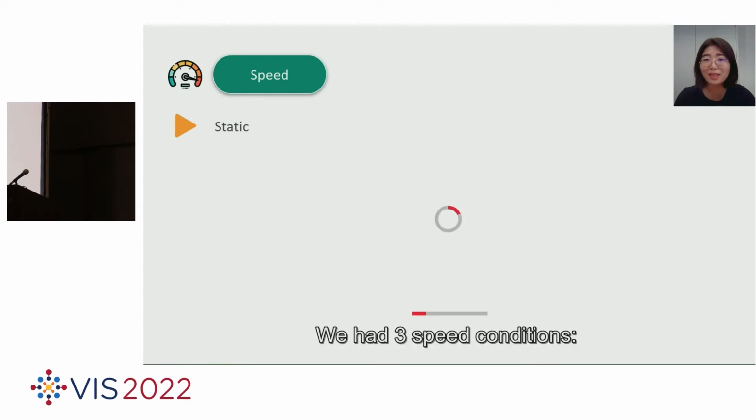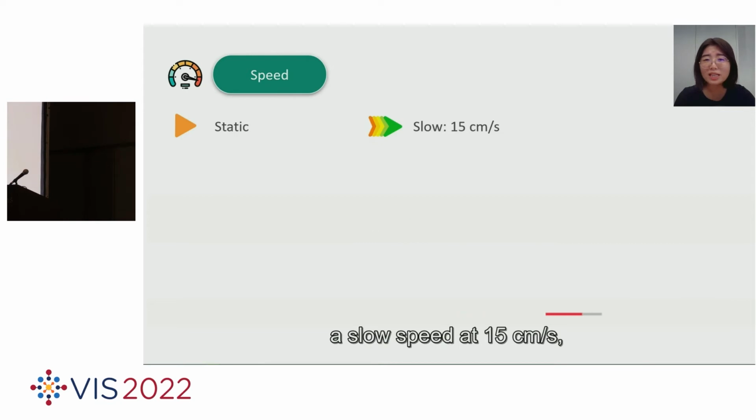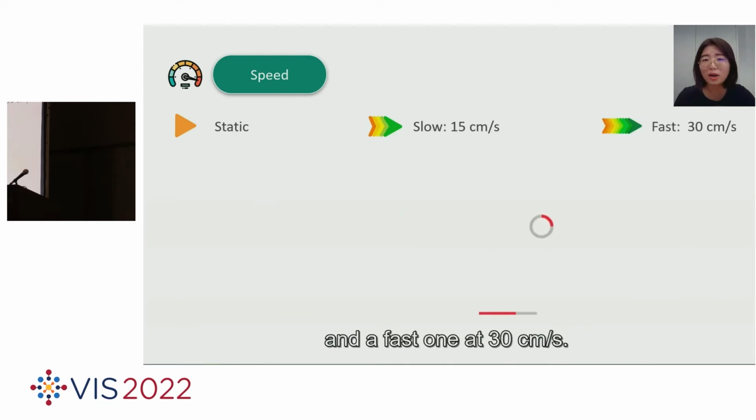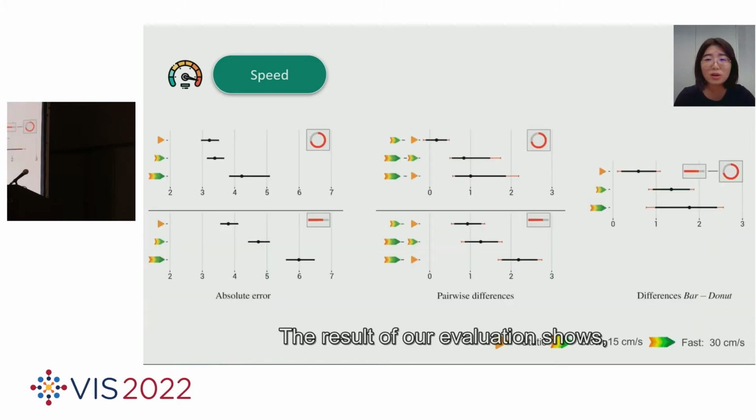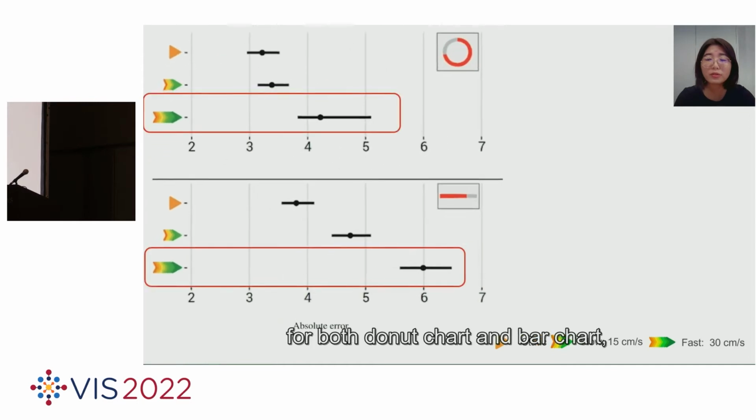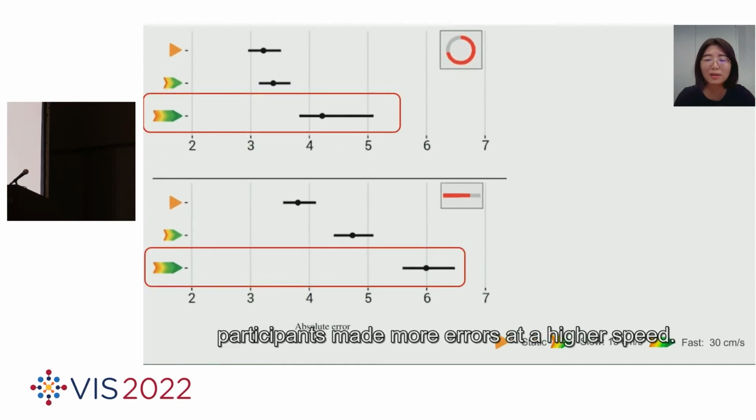We had 3 speed conditions, a baseline at 0 speed, a slow speed at 15 cm per second, and a fast one at 30 cm per second. Our speeds came from a La Liga soccer match. The result of our evaluation shows, for both donut chart and bar chart, participants made more errors at a higher speed.